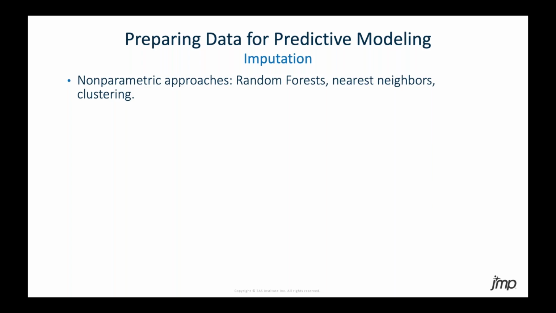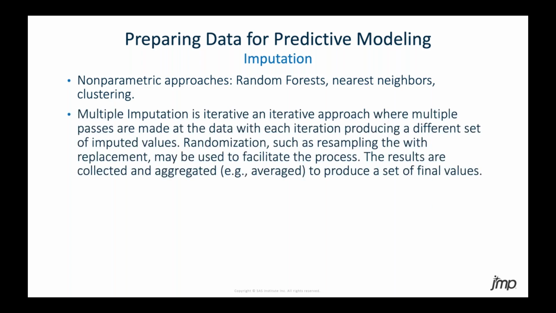You'd be using that algorithm to find the nearest observation, or the cluster the observation falls into, and then use that to predict what the missing values are. All those approaches have been implemented, and they're all relatively simple approaches.